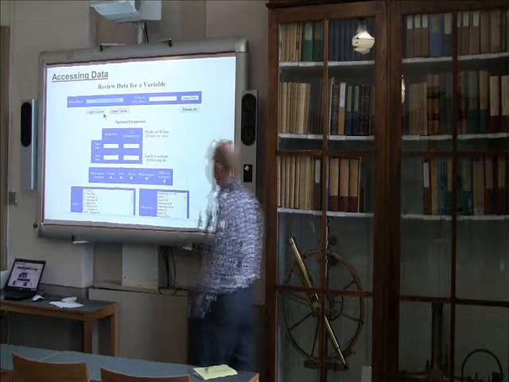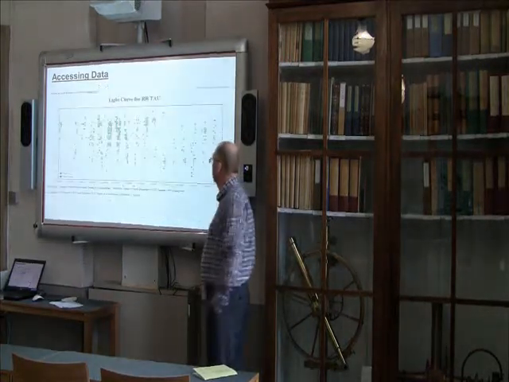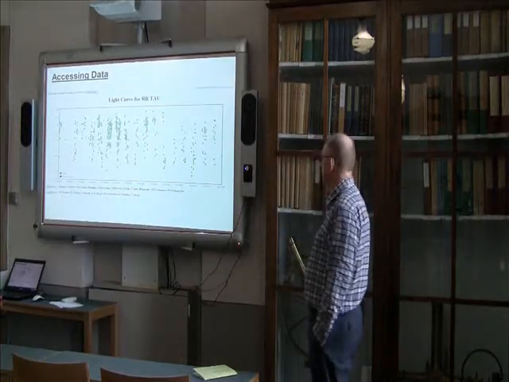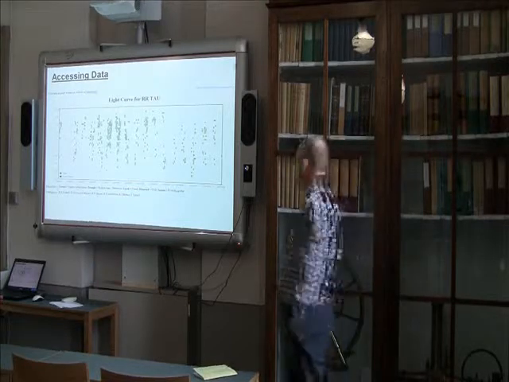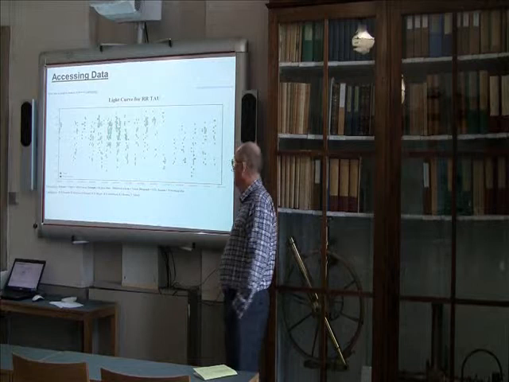So we're now going to generate a light curve. That's a light curve for RR Tauri, and it gives details of who the observers were.